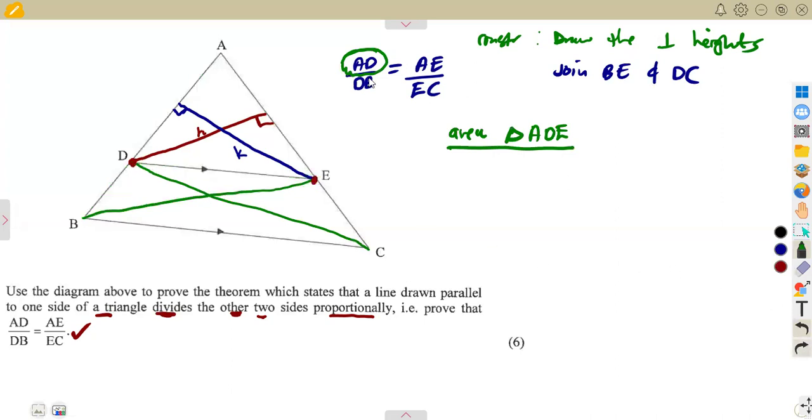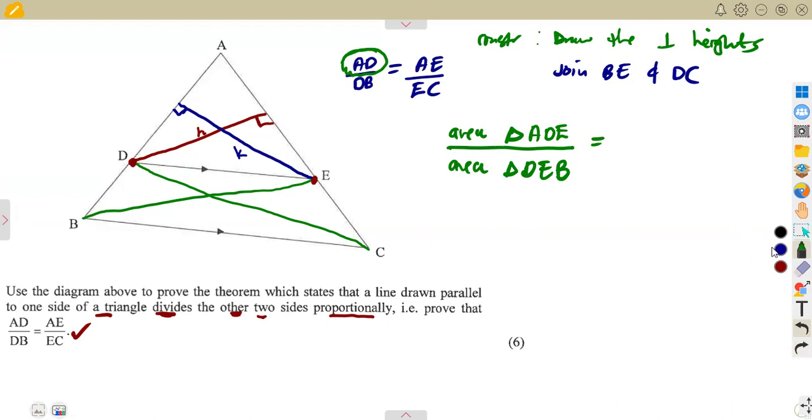It is the triangle with this base. So you are going to divide by the area of that triangle, DBE, or DEB, whichever way you take it, but we just need this triangle, this one. So now let's calculate the areas of these triangles.